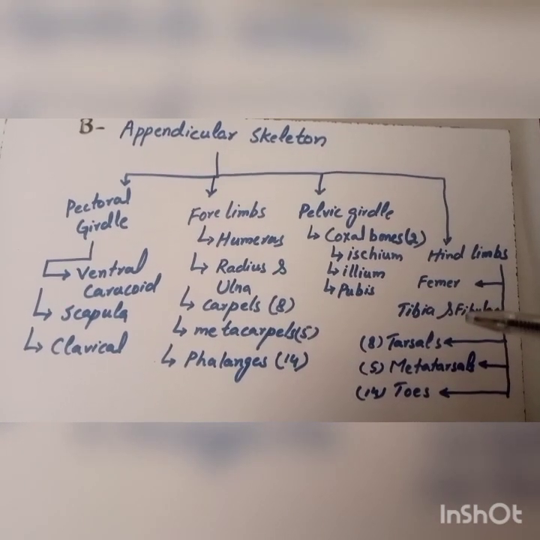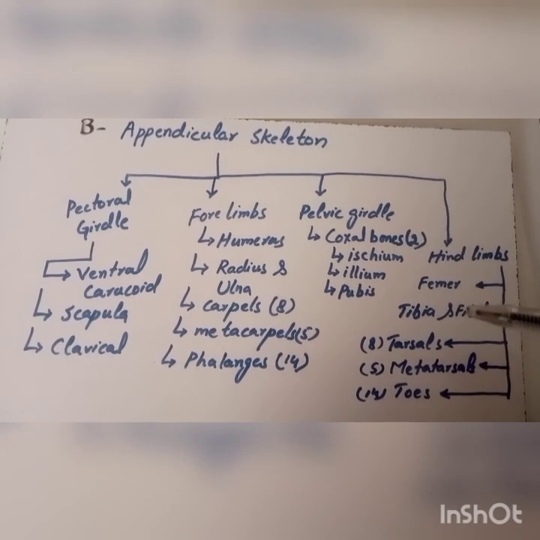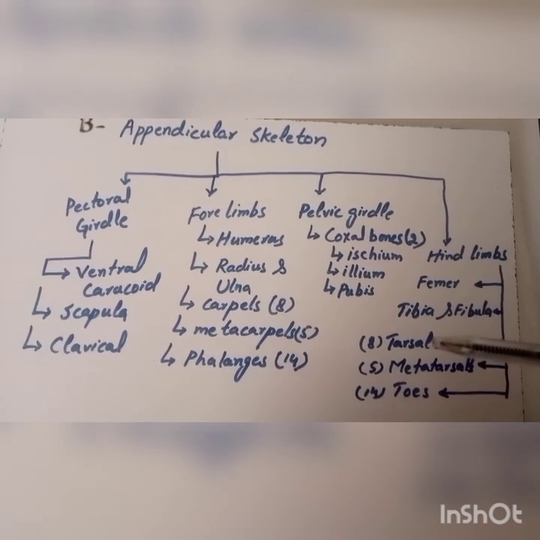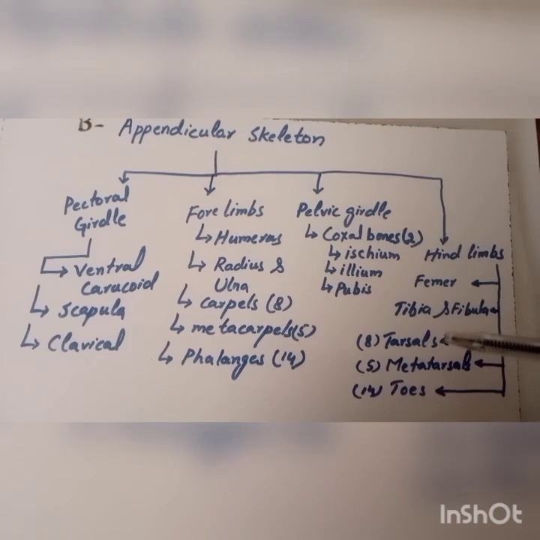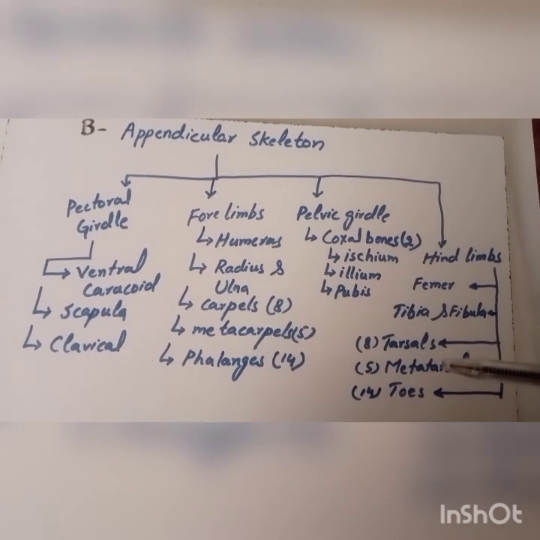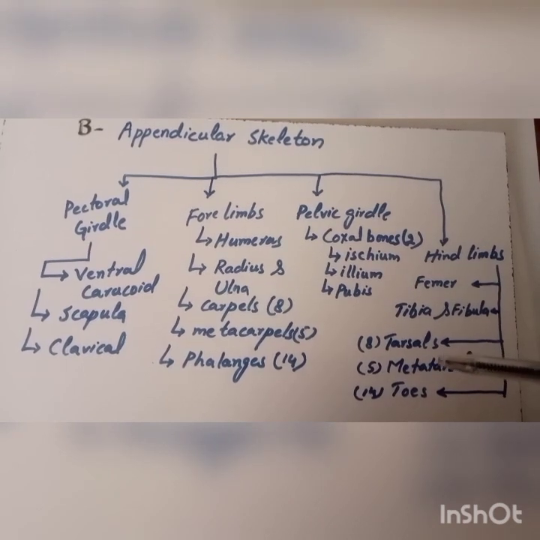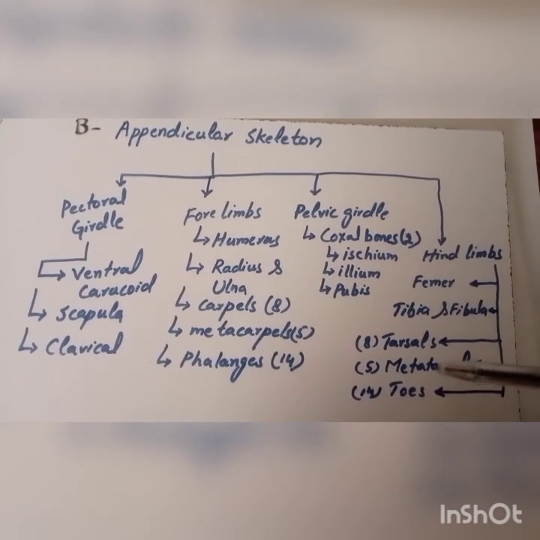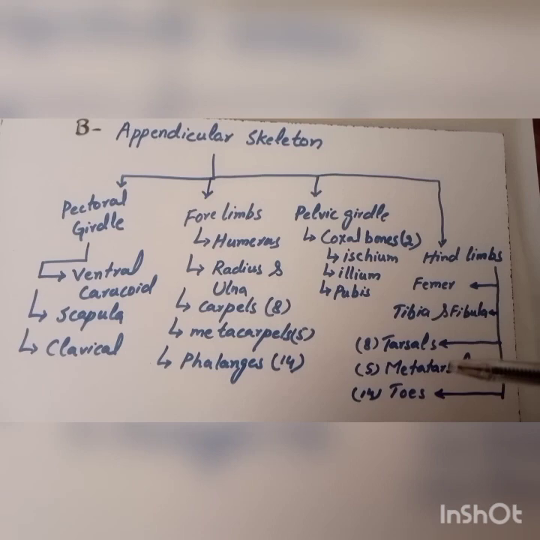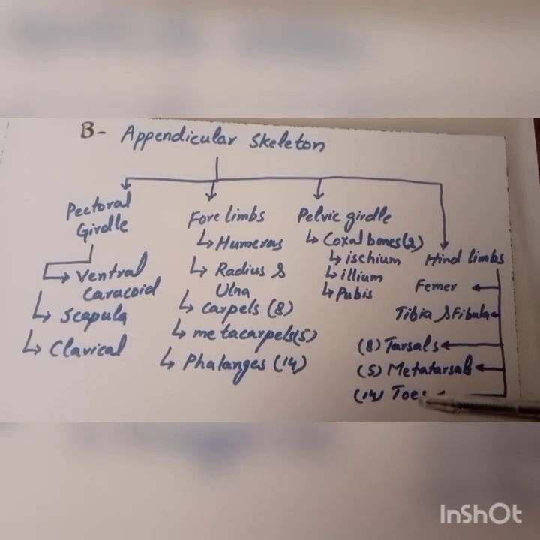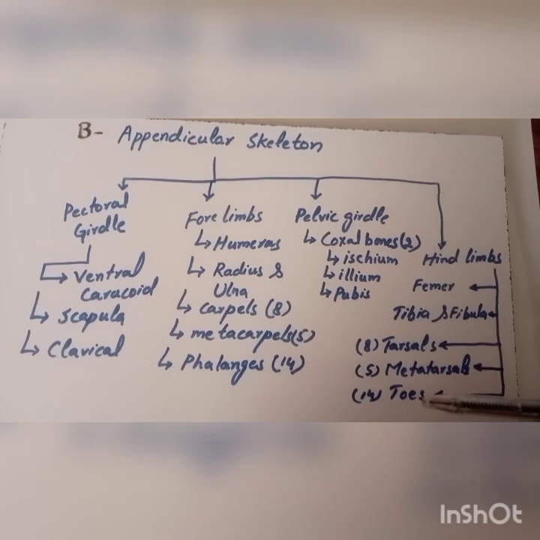Tibia and fibula are present in the shank region. 8 ankle bones are known as tarsals. 5 metatarsals are present in the foot, and 5 rows of 14 phalanges are known as toes.